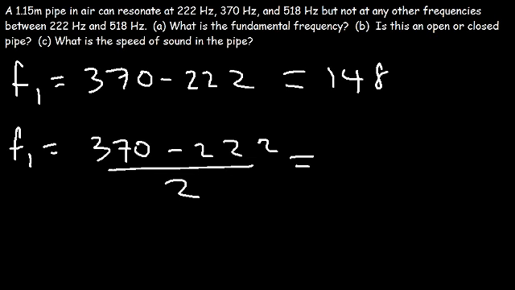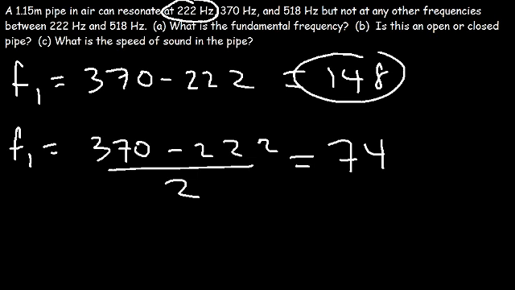Now half of 148 is 74. So notice that 222 is not a multiple of 148. 222 divided by 148 doesn't give you a whole number, it's 1.5. Which means that 148 is not the fundamental frequency.